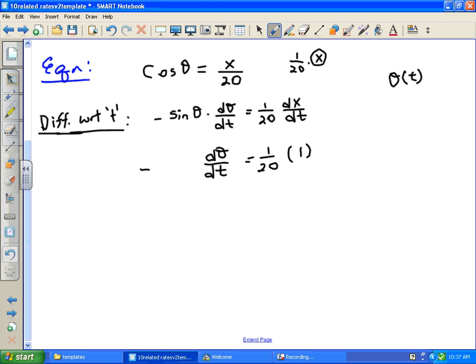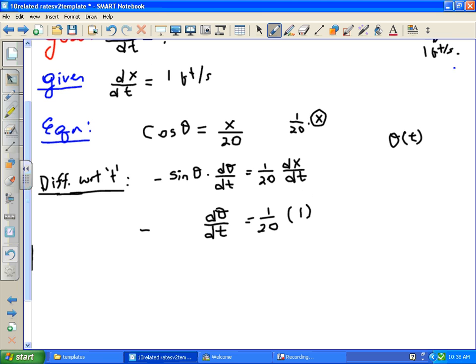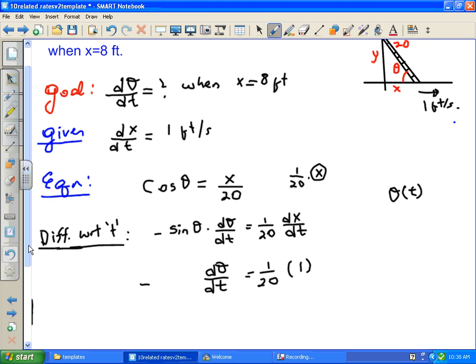I need to know what sine of theta is in this triangle. Let me draw it down here. So this side is 8. This side is 20. And didn't we already know what y was from the previous work that we did? What was this? Root 336, right?